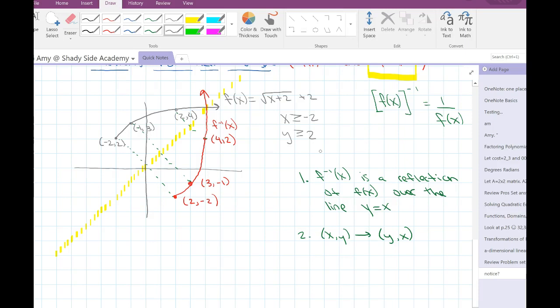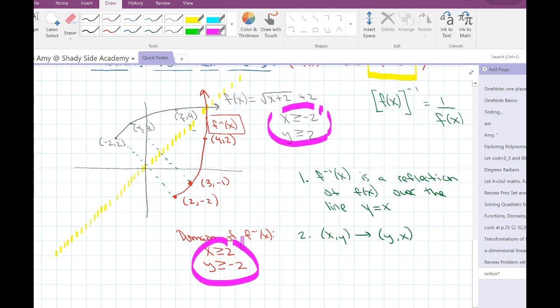But if I asked you for the domain and range of the inverse of f, you would say the x values are bigger than or equal to 2, and the range, y values, are bigger than or equal to -2. And right again, here you see that what was true of x on the function is true of y on the inverse. And what was true of y on the function is true of x on the inverse.